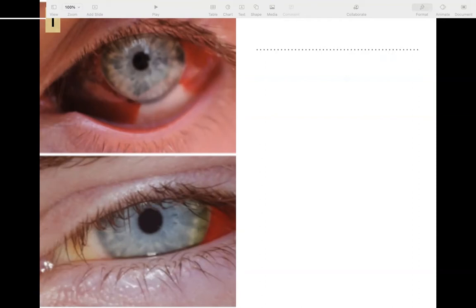And today we'll talk about the third cause of painless red eye. I have shown in the previous lectures the first cause, which is the subconjunctival hemorrhage, and how to differentiate it from the other causes.